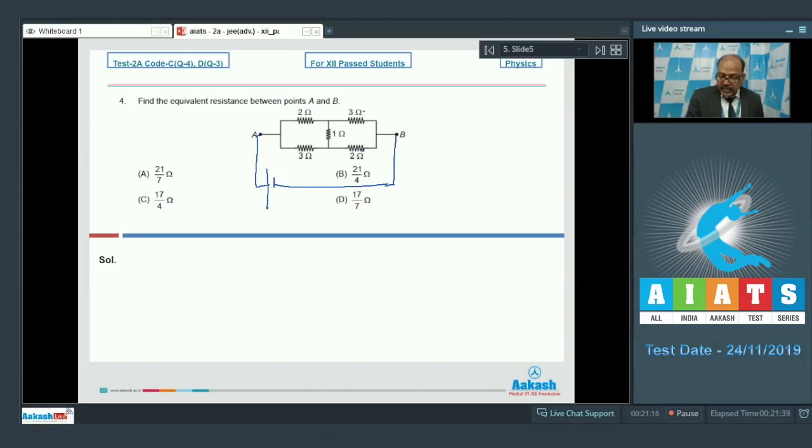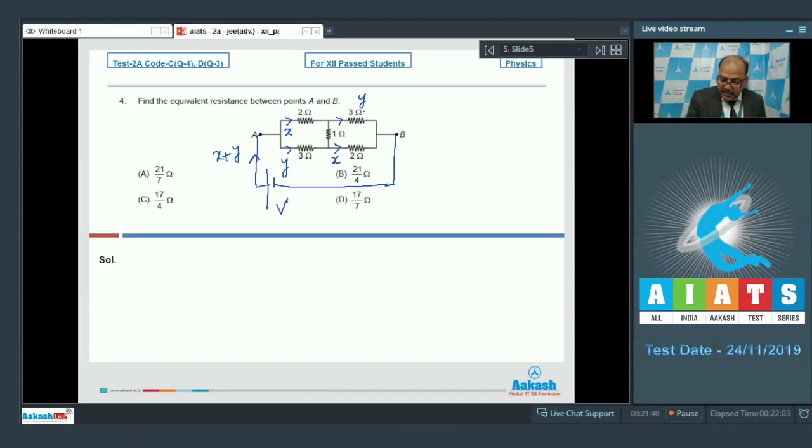Here it is 3 ohm and here it is 2 ohm. So if I assume that current in this 2 ohm is X and current in this 3 ohm is Y, then by symmetry current in this 3 ohm will be again Y, and here it will be X, and the total current in the circuit is X plus Y.